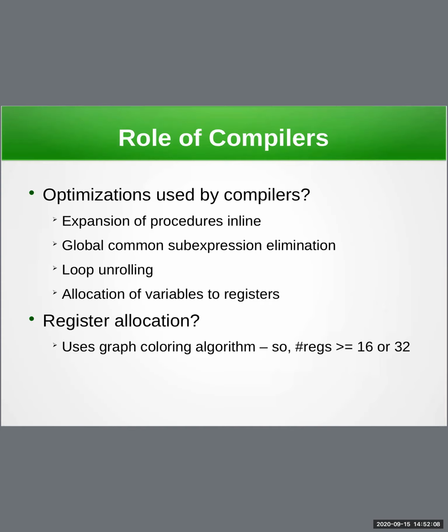Now, the loop unrolling, we'll see much more of it when we talk about both caches and instruction level parallelism. But supposing you are saying for I equal to 1 to 16, so 16 times you're doing the loop. One way of doing that is, instead of saying 1 to 16, you will say 1 to 4. And within the loop, you will actually write 4 statements.